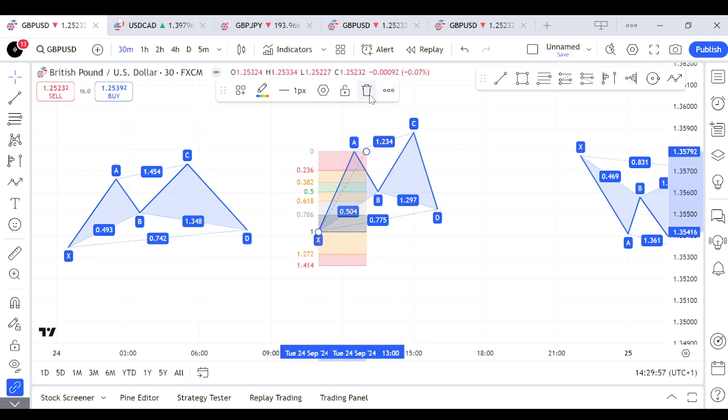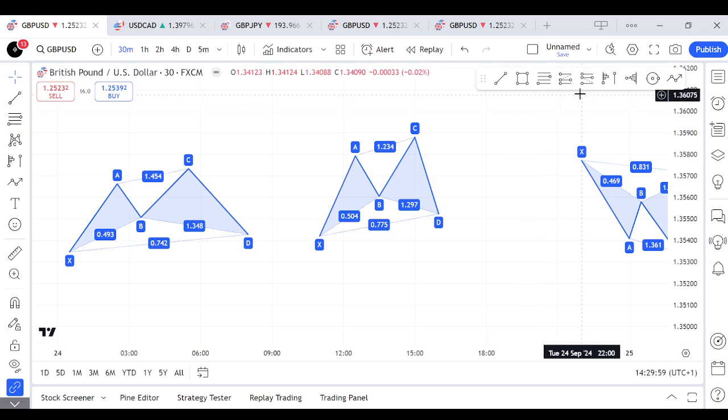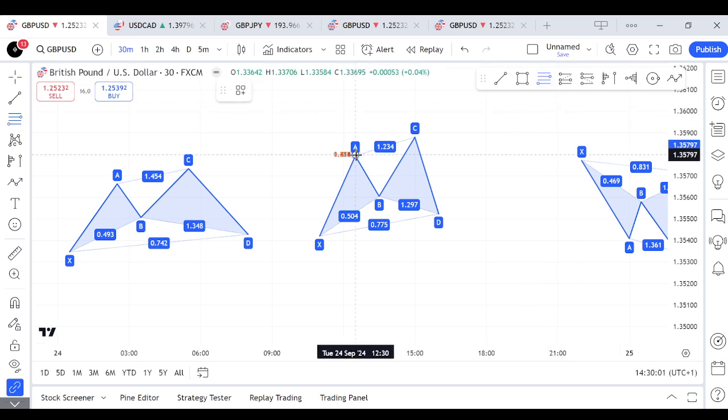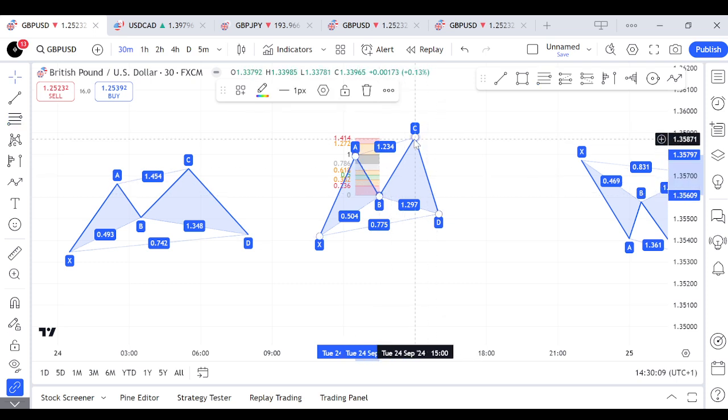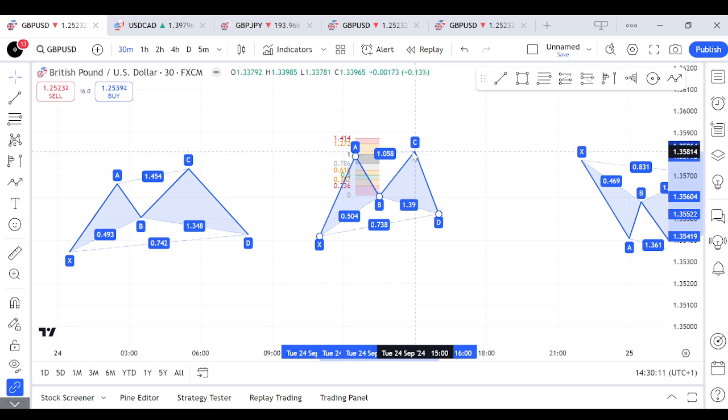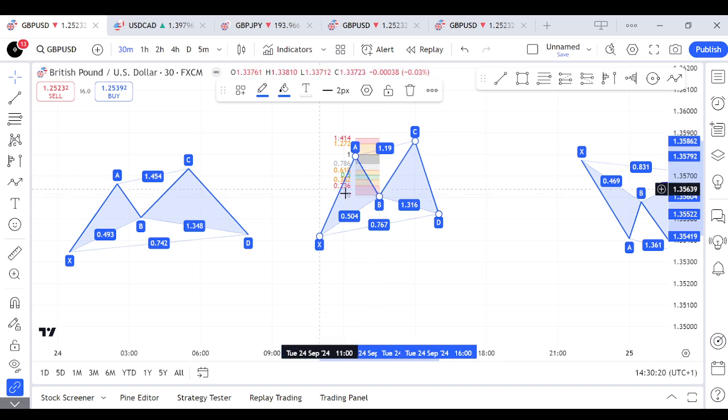Just delete this. The C should fall from the A to B leg. The C should fall within the 127.2% to 141.4% of the AB leg. So it should be between 127.2 and 141.4%, which is this. So this is how it should be.